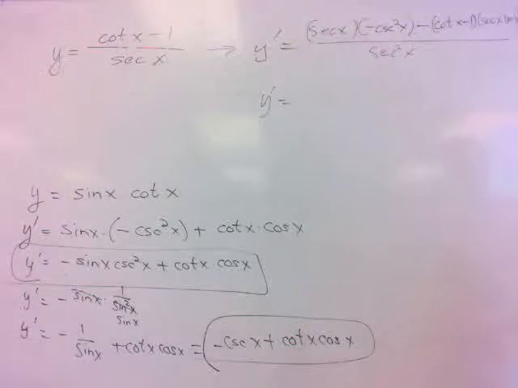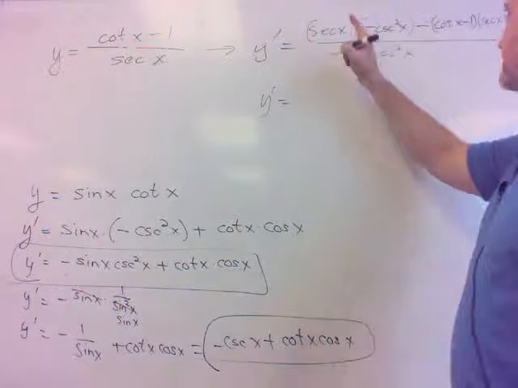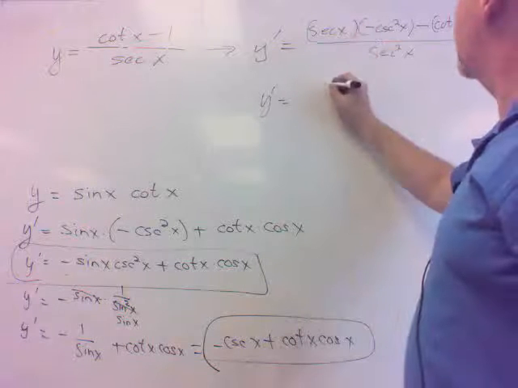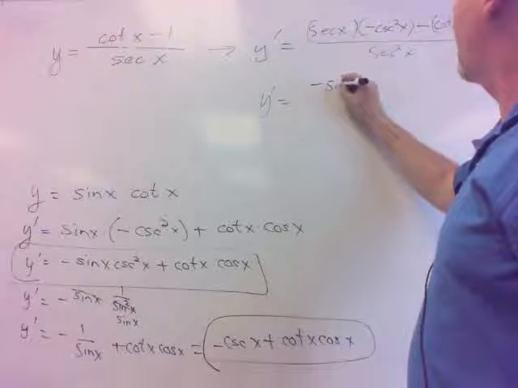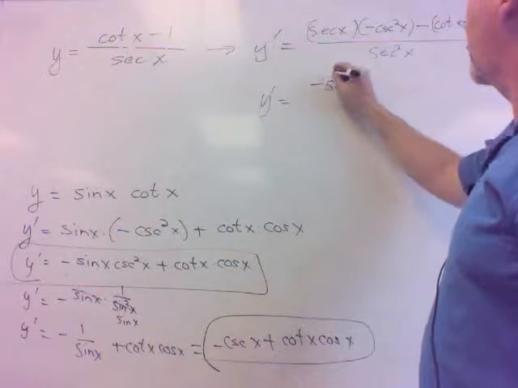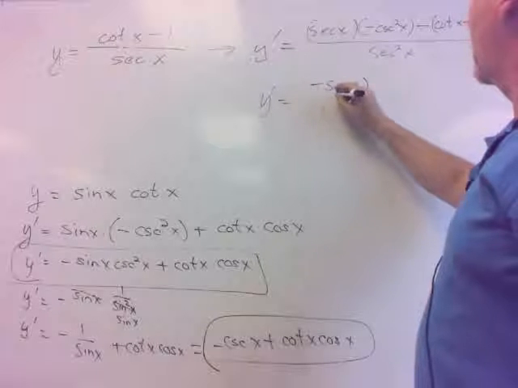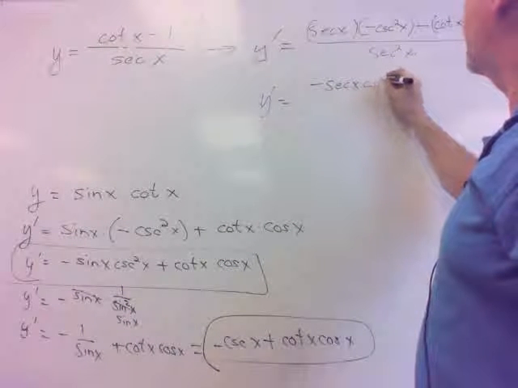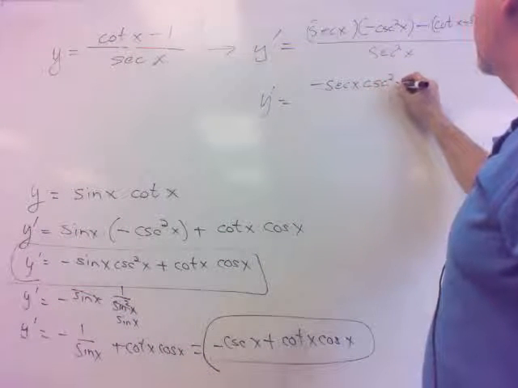Okay. So we have secant times minus cosecant squared, so let's just write that minus secant times cosecant squared x.